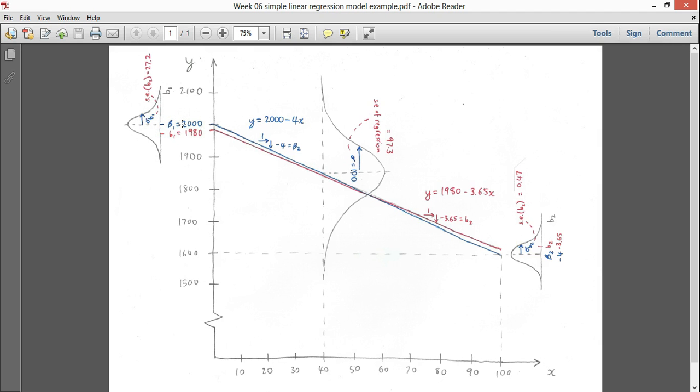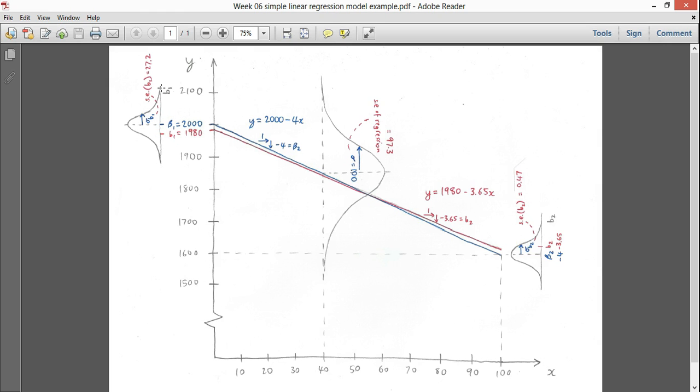It has a mean, which is the population value of 2,000. Because its mean is the same as the population value, that means that this estimator B1 is unbiased, and its dispersion is measured by its standard error. So this is an estimate of the standard deviation of this distribution.